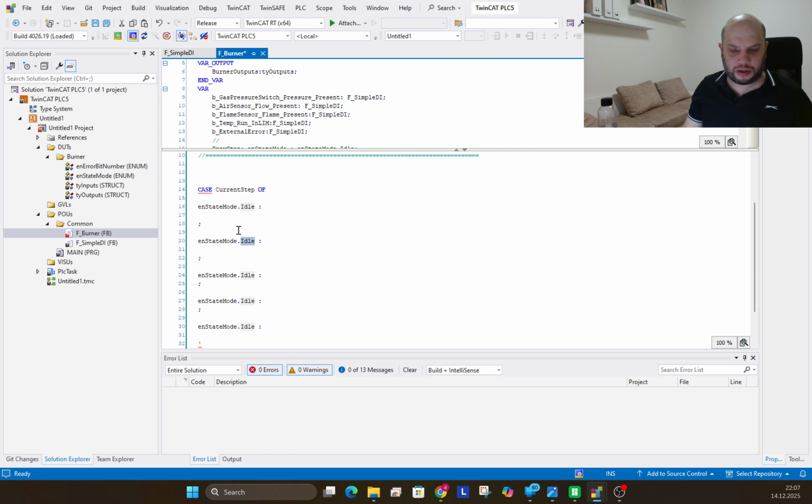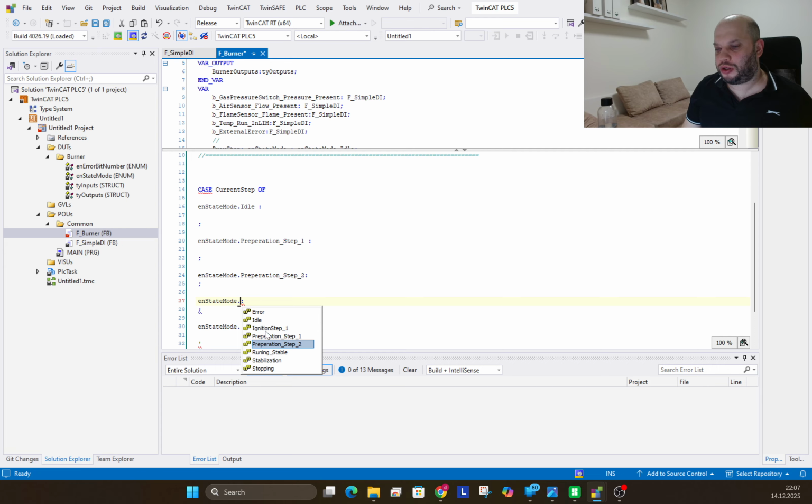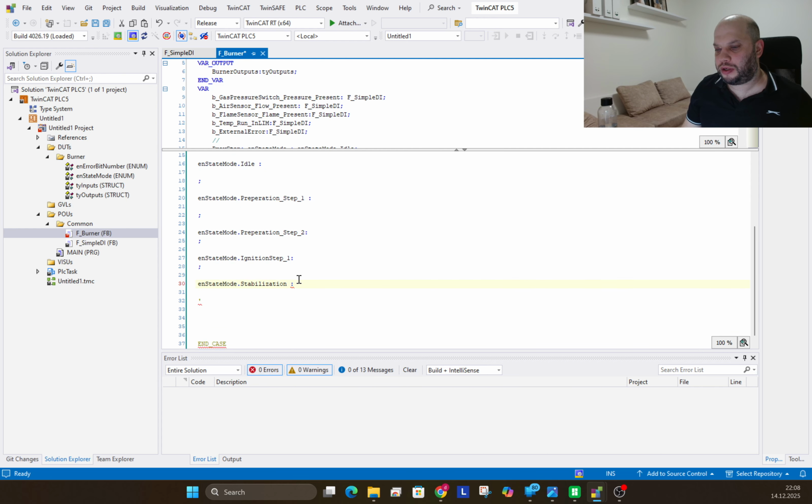After that, preparation step 1, preparation step 2, ignition, stabilization.